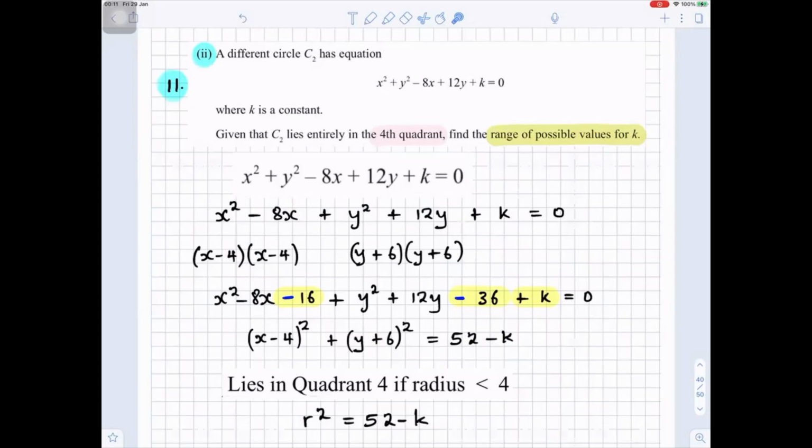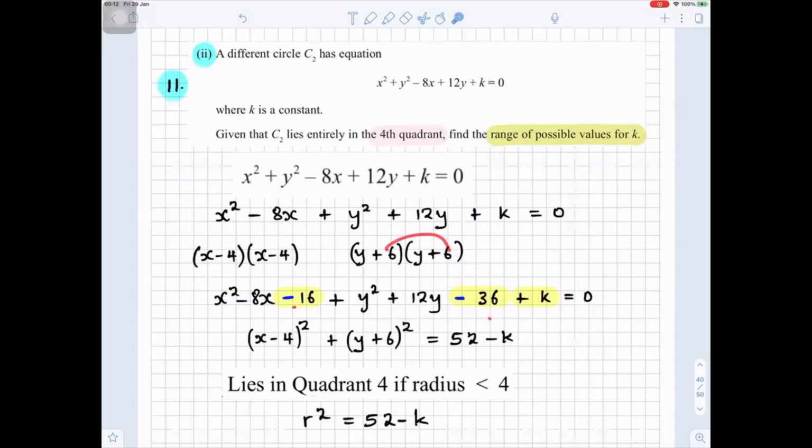Now we want to complete the square for x squared minus 8x and y squared plus 12y. Half of 8 is 4. So we have x minus 4 squared, which gives x squared minus 8x plus 16, so minus 16. And half of 12 is 6. So we get y plus 6 squared, y squared plus 12y plus 36, which comes from 6 times 6.